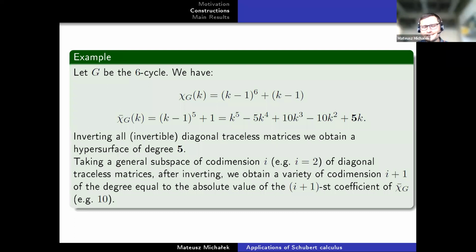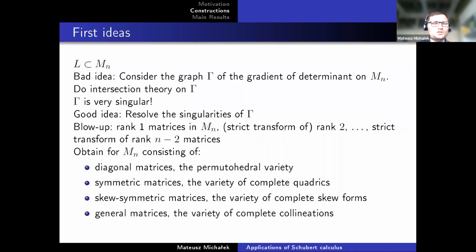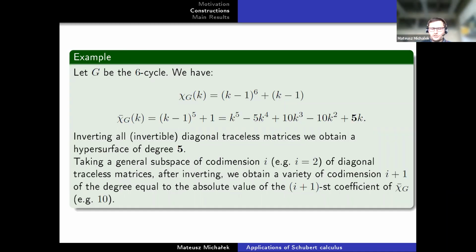Then you invert all matrices from that space, and you get a variety of degree 10. And that's another entry of your multi-degree. And all of those entries give you coefficients of the chromatic polynomial. So this is, I would say, the main part of the talk. If there are questions, that's absolutely the main part. It's a good part here.